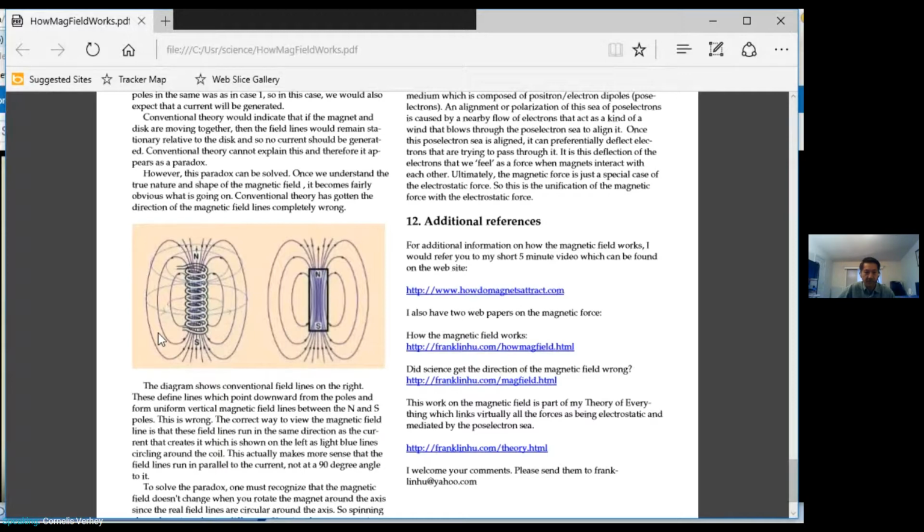The electron's field flows around the wire at near the speed of light, as does the magnetic field flow around the magnet. It makes a complete circuit from north to south, just like electrical charge makes a complete circuit around the circuit. It's just that these are magnetic flux lines, and if they're moving at the speed of light, then, like I said, at the rotational speeds we're looking at it is indistinguishable whether they're really moving or not as they're cutting through the disk.